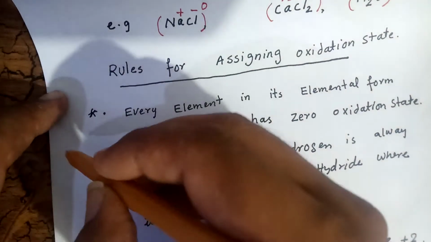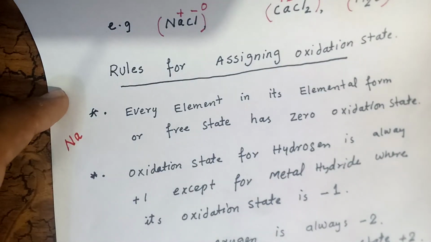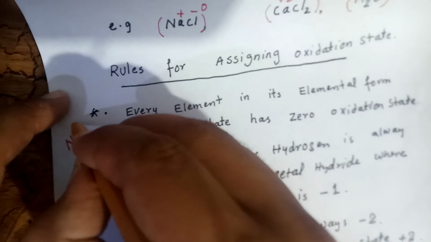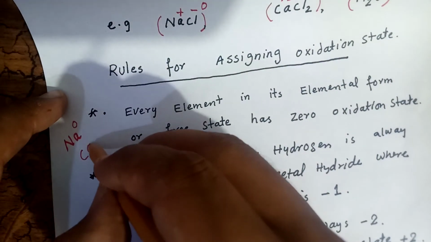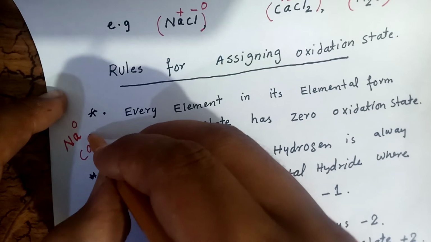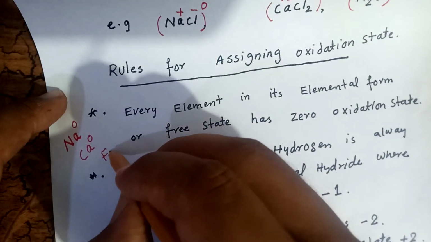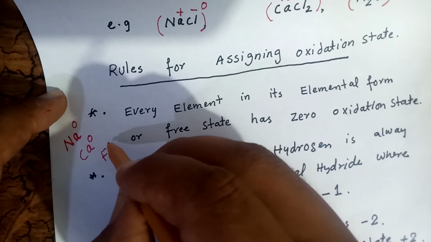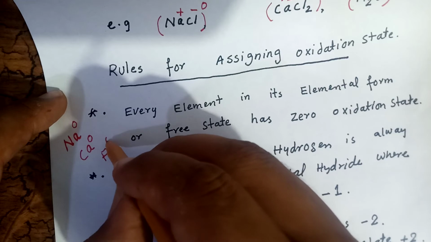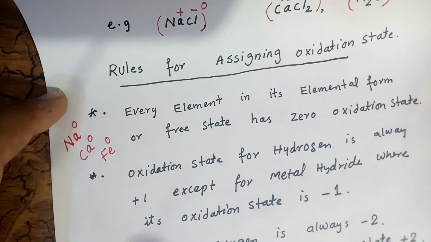For example, this is sodium. Sodium is alone, so the charge on it is 0. We have calcium, and this calcium is alone, so the charge on it is 0. We have iron, present alone in elemental form, so its oxidation state is 0.